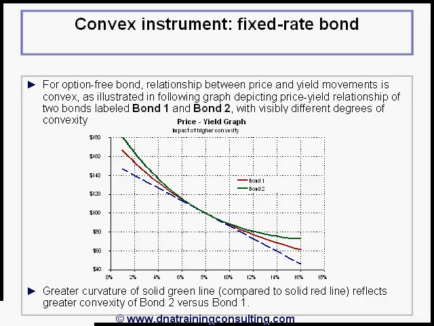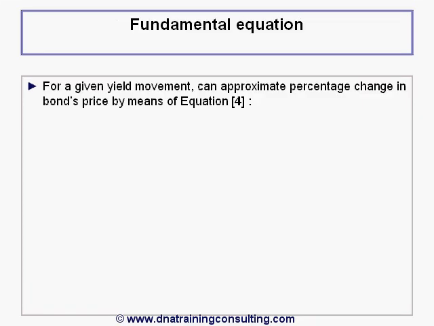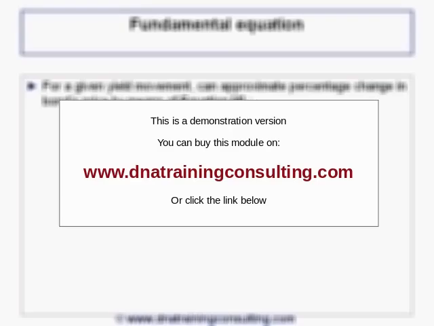For any given yield movement, we can approximate the percentage change in a bond's price by means of the following equation number 4, discussed extensively in our module Bond Fundamentals.